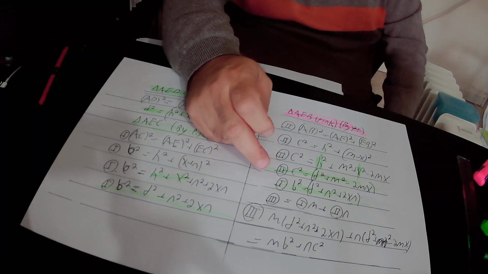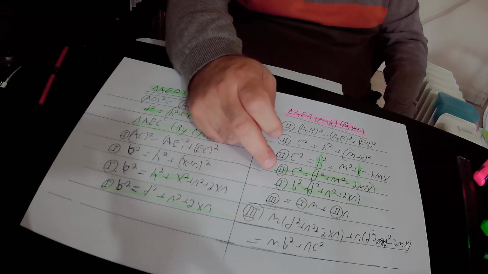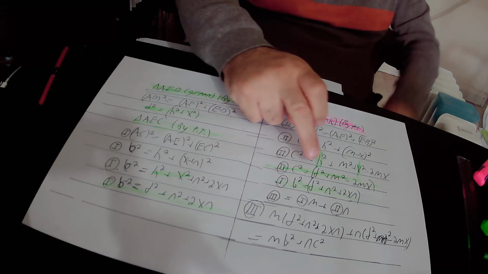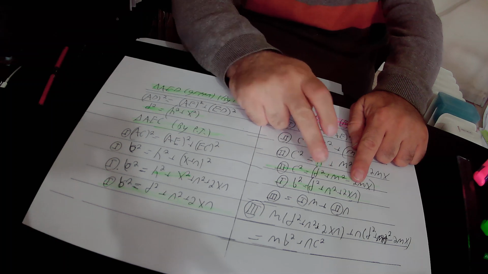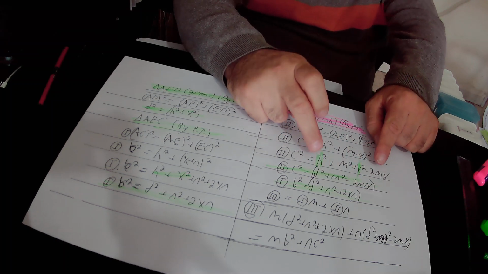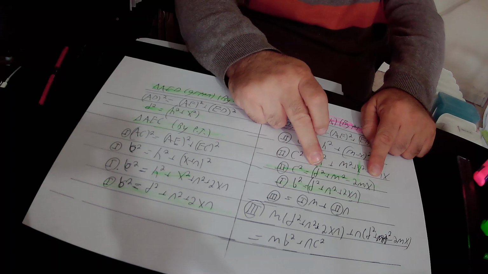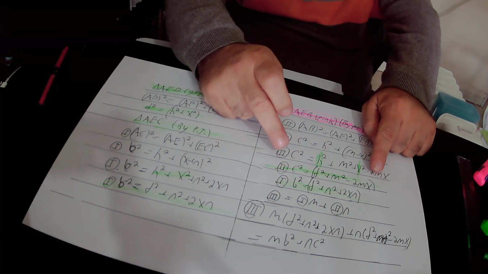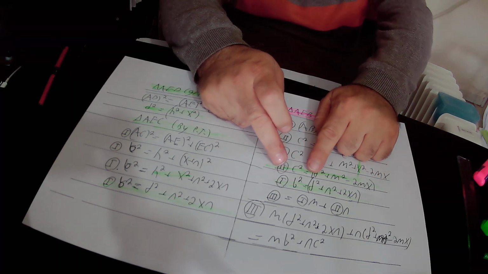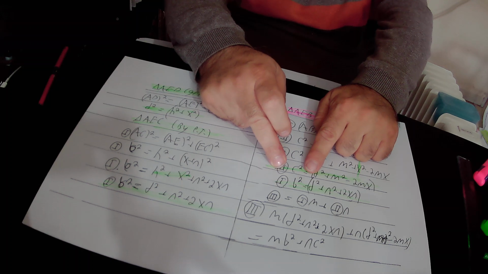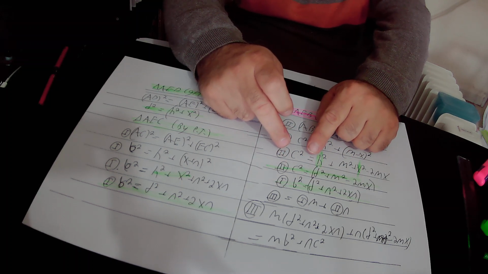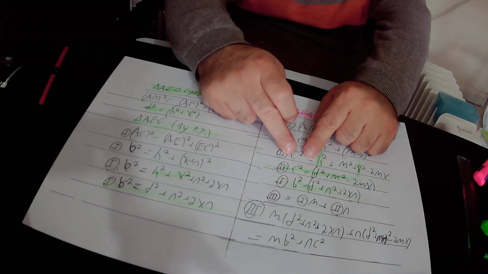First of all, we will multiply the right side of equation number 1 by M. Then we multiply the right side of equation number 2 by N. And then we add the two equations with each other, and it must be equal to the multiplication of the left side of equation number 1 by M plus the multiplication of the left side of equation number 2 by N.